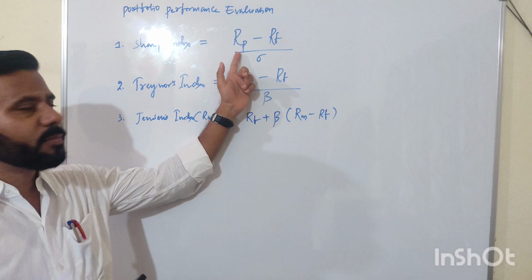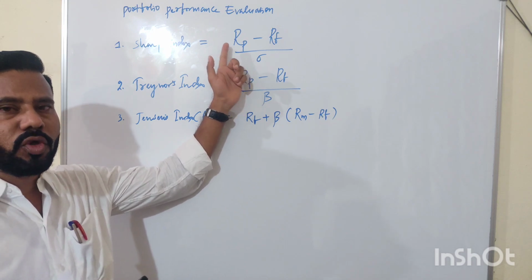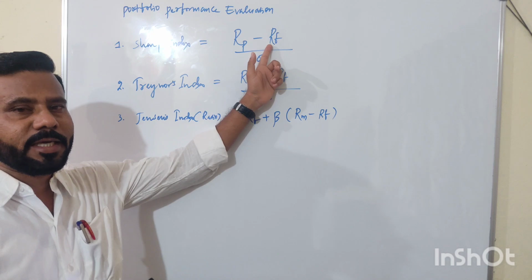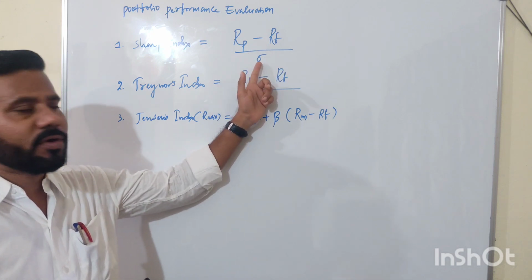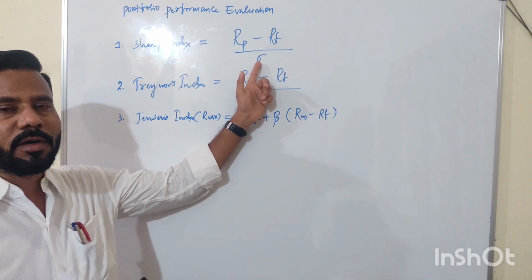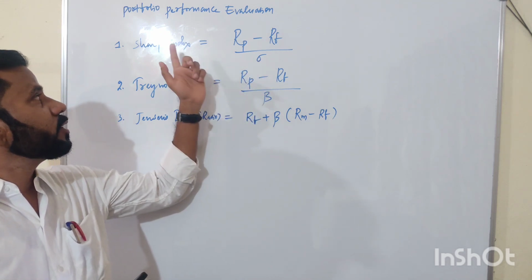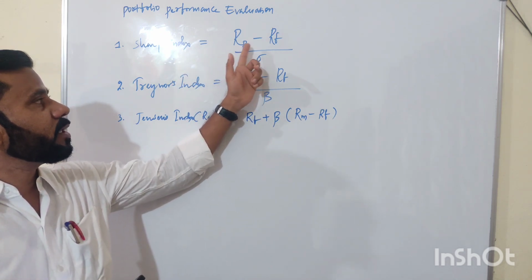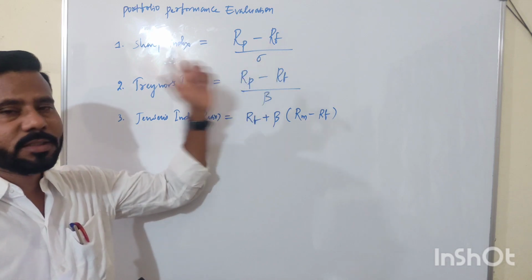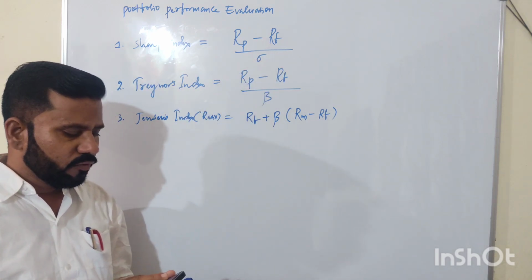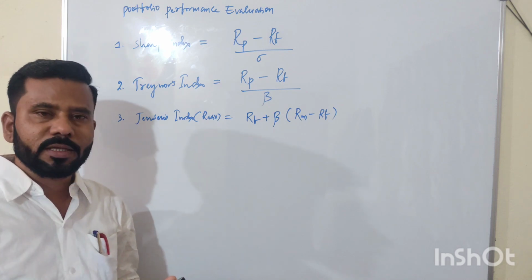RP. What is the RP full form? Portfolio return. What is the RF? Risk-free rate. Then what is this symbol? Sigma, standard deviation. Isn't it? So the Sharpe index formula is RP minus RF divided by standard deviation. All this information for both of the portfolios is given in the problem.